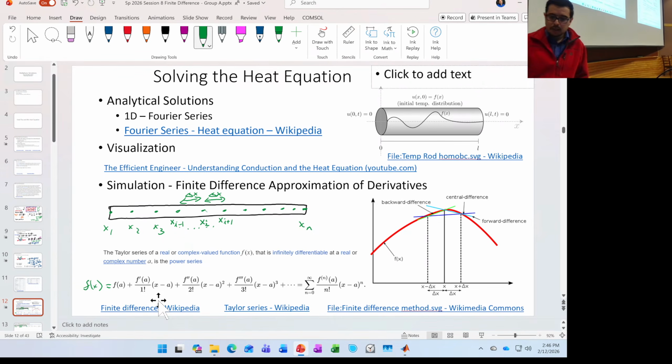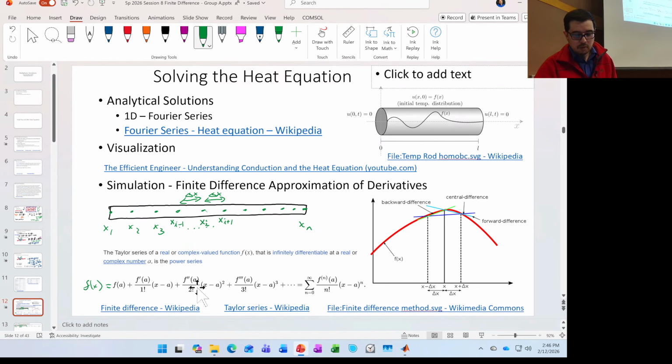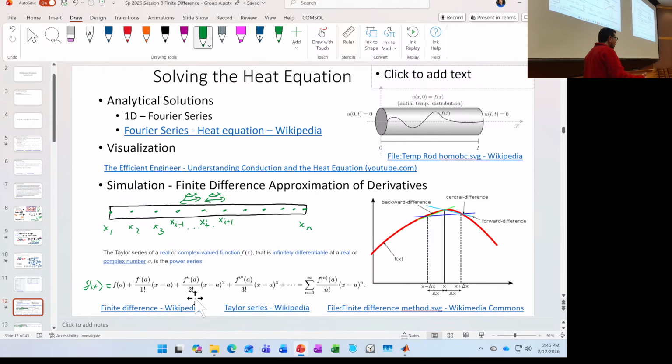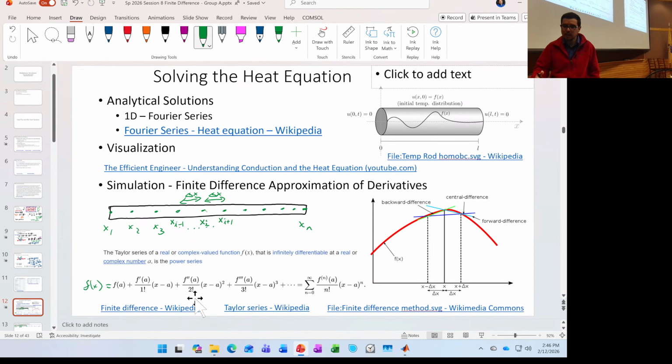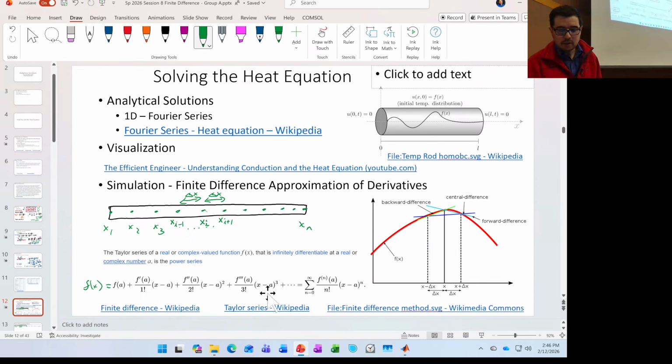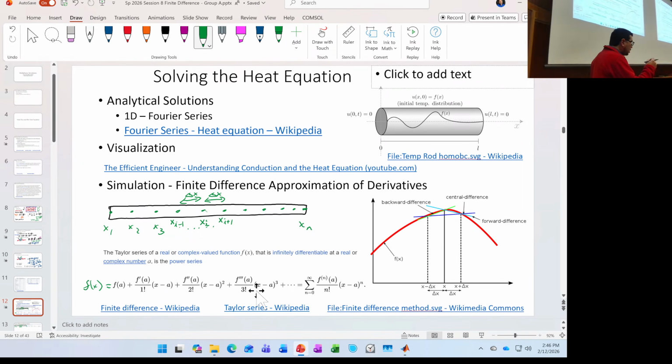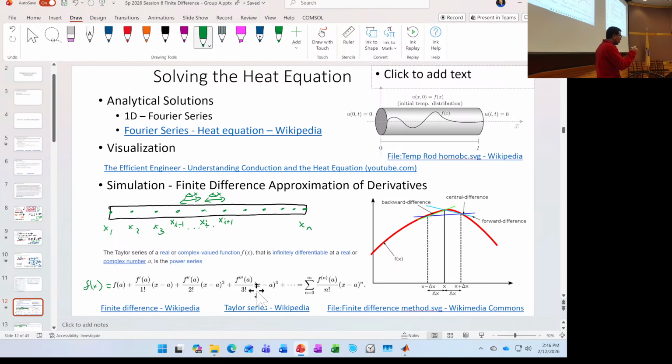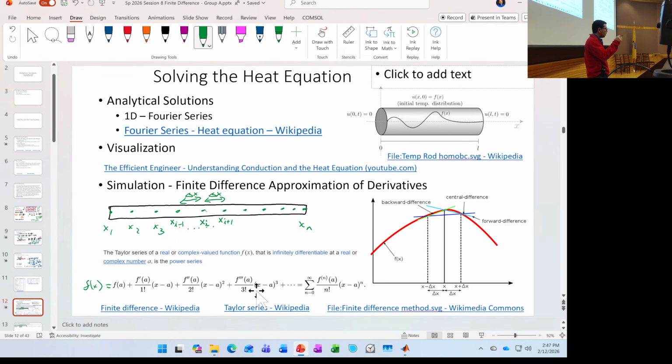And I know something about the second derivative, okay? We can use this approximation, and we know something about the third derivative and fourth derivative, right? We can use this Taylor series expansion to approximate or to get very, very close to the actual value of the new f of x.